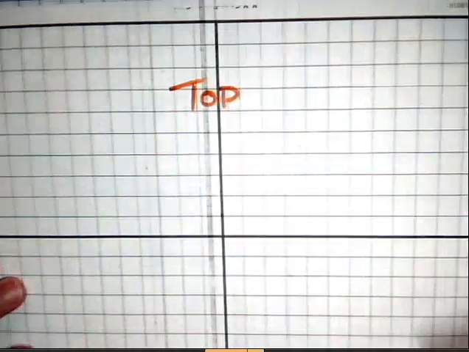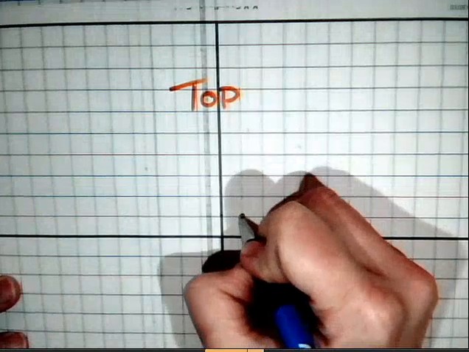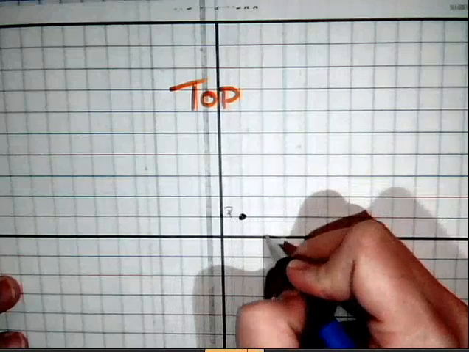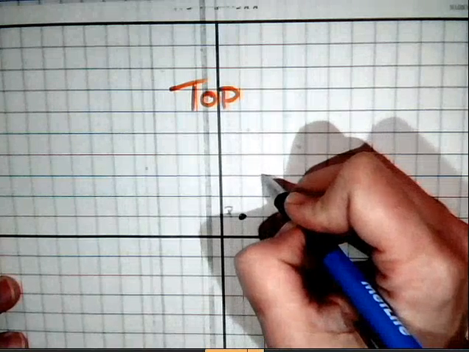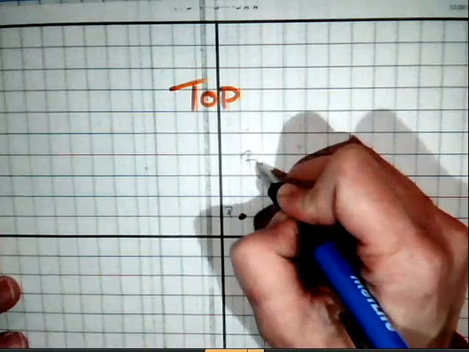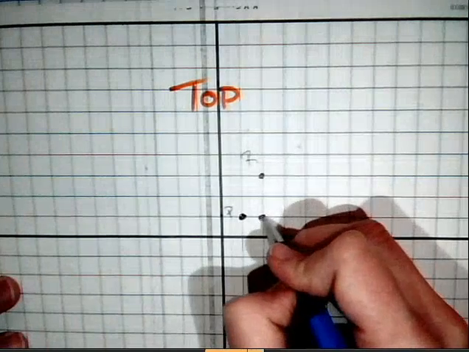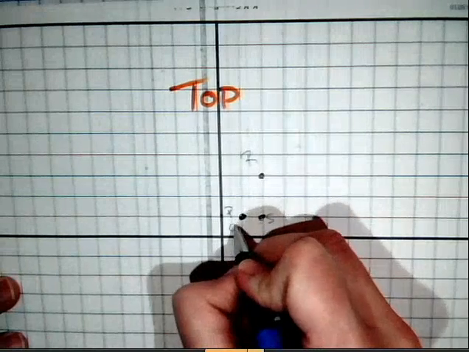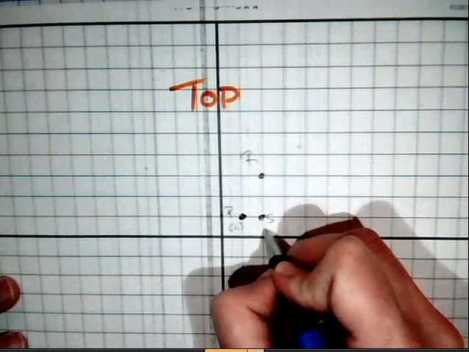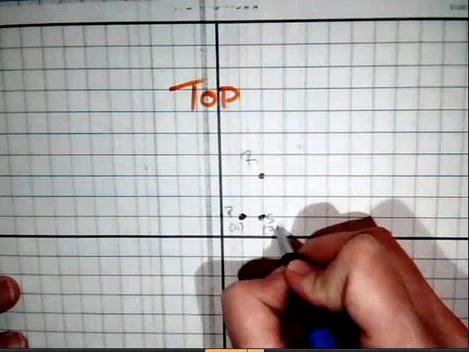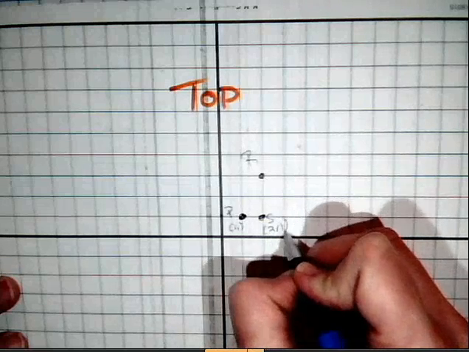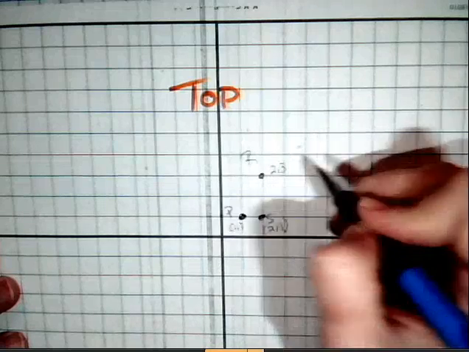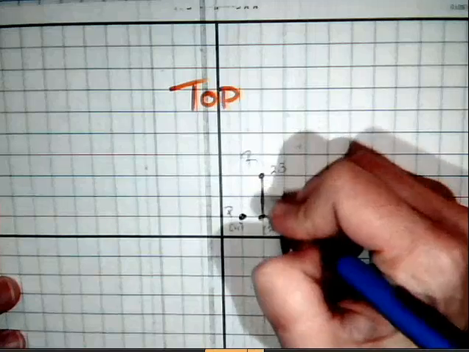And let's draw, let's call that P. And then let's go to 2, 3, let's call that R. And come down here at 2, 1, and call that S. So we have 1, 1, we have 2, 1, and we have 2, 3. So that's my little triangle there.